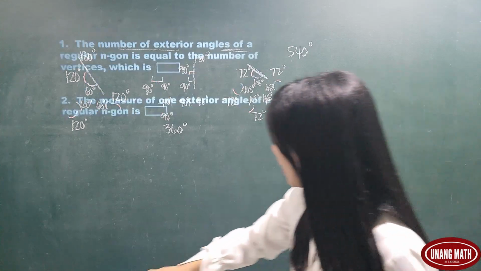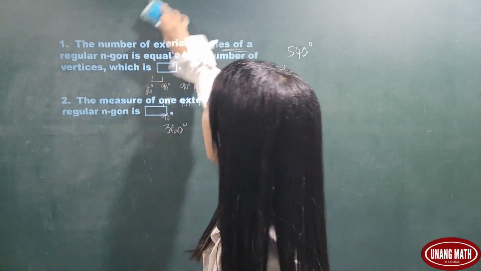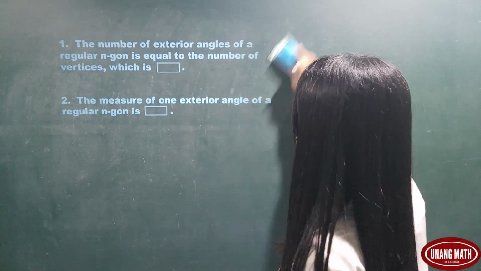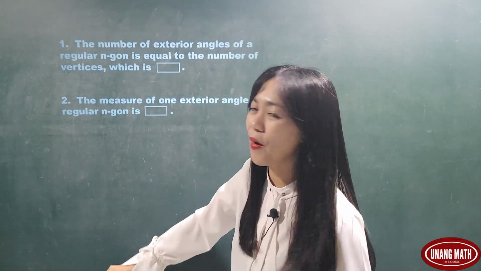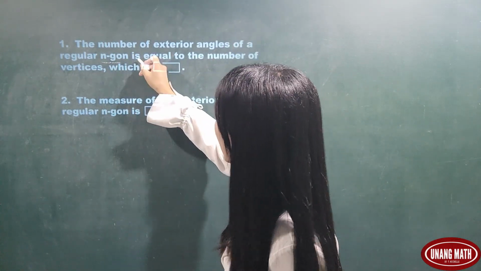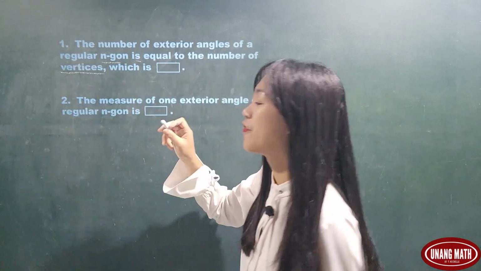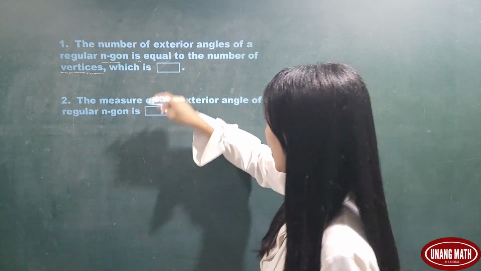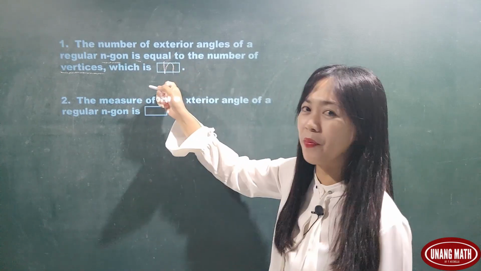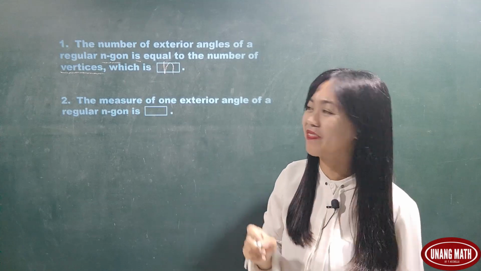Okay, in summary, the number of exterior angles of a regular n-gon is equal to the number of vertices, which we will represent as n.